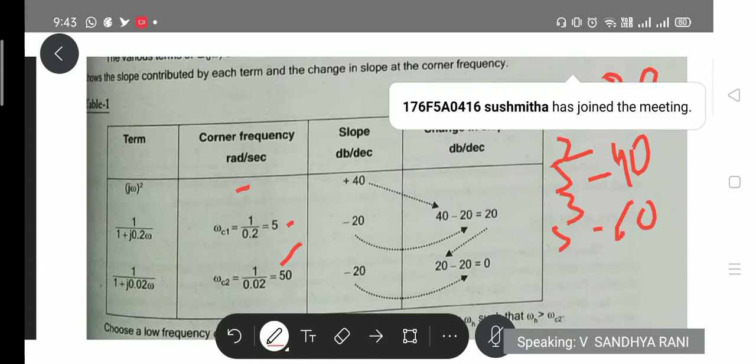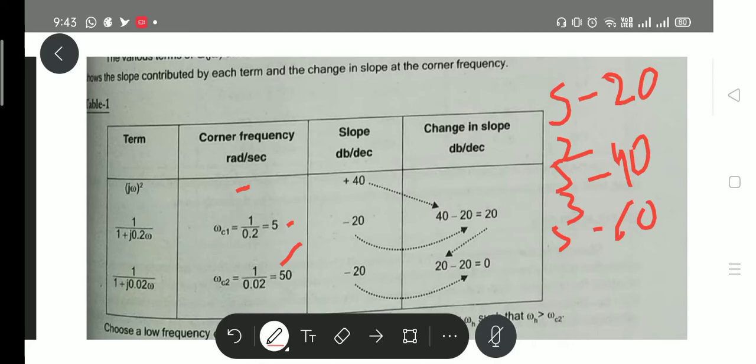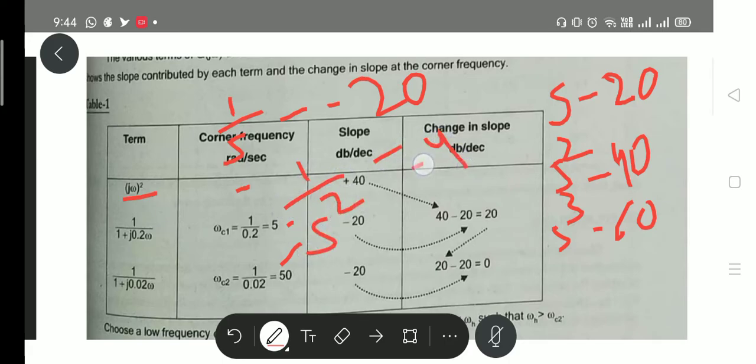For example, 1 by s means minus 20 dB. 1 by s square is minus 40 dB. 1 by s cube is minus 60 dB. Like that you have to take the slope in dB.